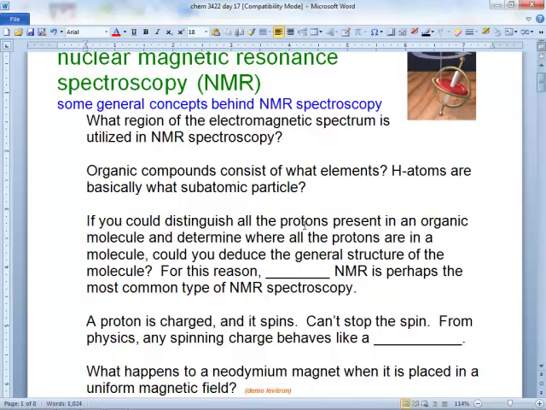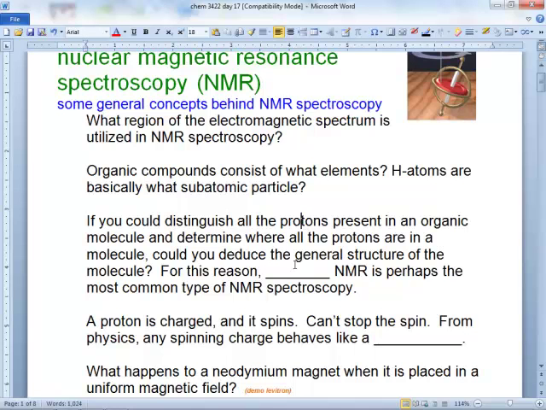Yes or no? You agree? Yes. Okay. So for this reason, proton NMR is perhaps the most common type of NMR spectroscopy.